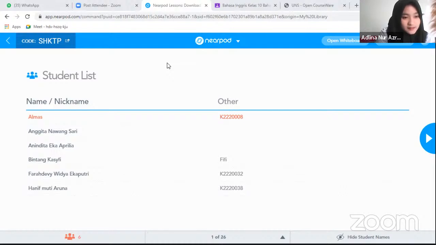Okay, there are Anggita, Bintang, Farah, Hanif, Almas, and we are still waiting for other students to come and join us today.